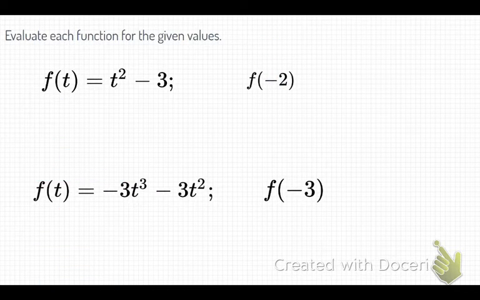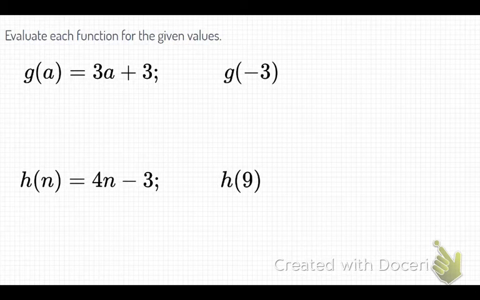Okay, next two. Now I have g of a equals 3a plus 3, and I'm going to evaluate for the given values again. I have g of negative 3. What do I do? Plug in negative 3. I have a equals negative 3 now, so I'm going to substitute that through. Sorry, I'll slow down.